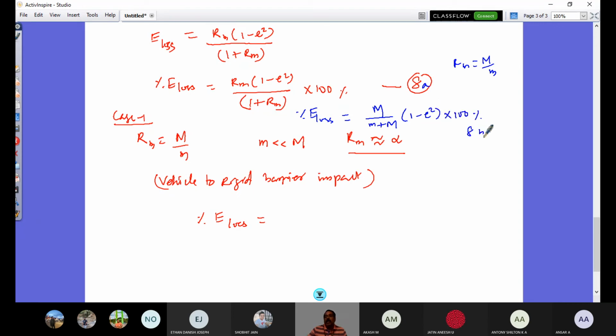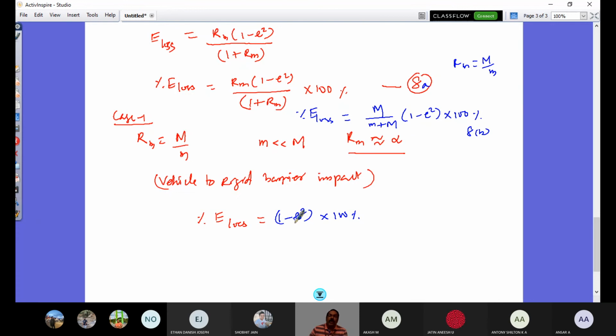That is the 8B equation. Now if Rm is infinity, then this entire term is going to be capital M by capital M, since small m is negligible. So it's going to be 1. Then my percentage energy loss is 1 minus E square into 100%. That's all.